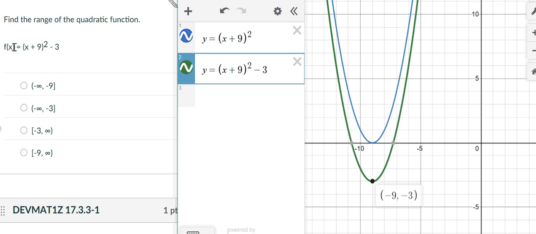Even though this question did not ask, we do know that the range again is greater than or equal to -3. And the vertex is here, -9, -3, and the graph is originally shifted from origin 9 units to the negative direction, and then 3 units down. Okay? All right, I'll see you next time.